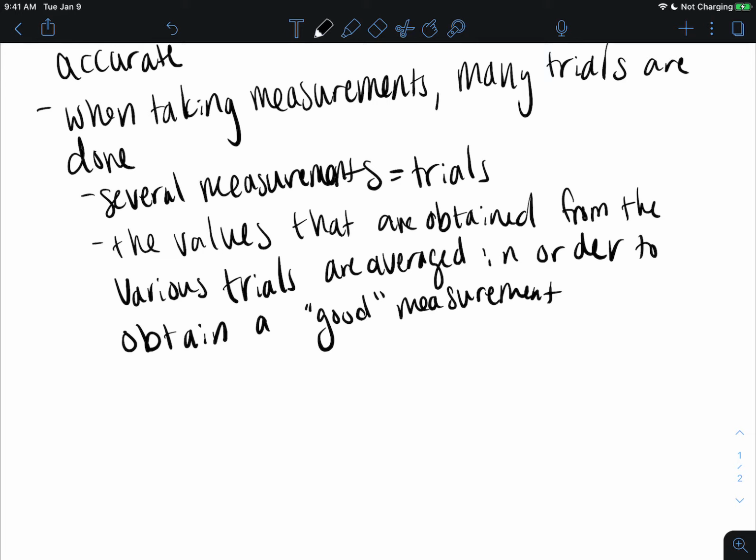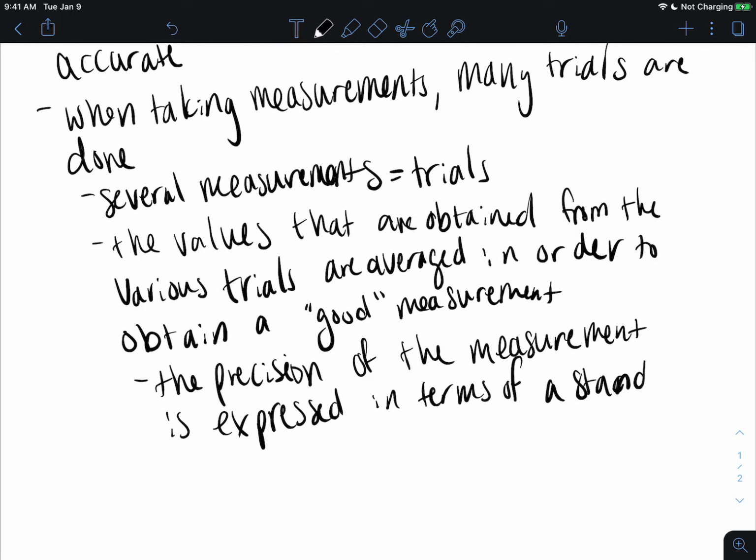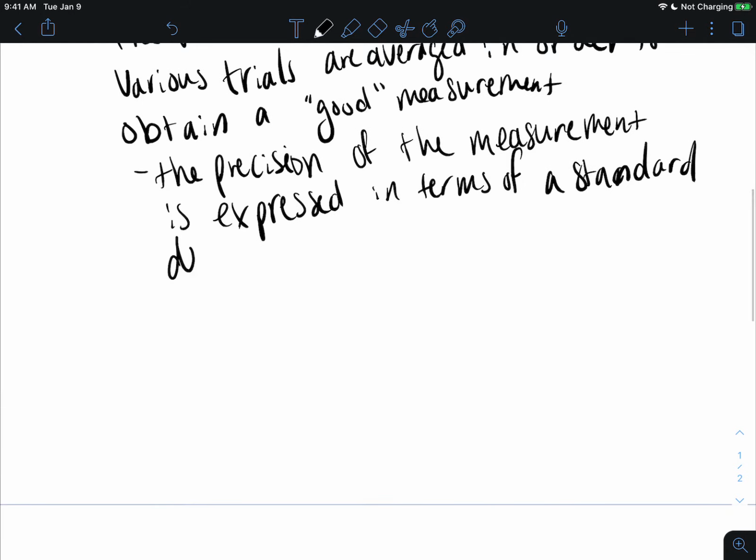And then we can express the precision of the measurement by something called standard deviation, which basically shows how much an individual measurement differs or deviates from the average.